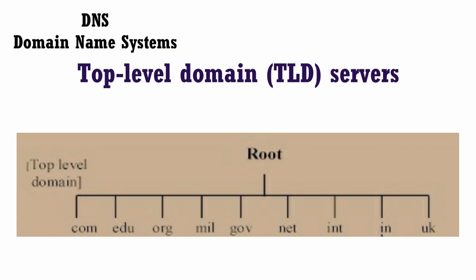So .com is commercial, .org organizations, .net network, .edu educational and .gov government. And all of the country top level domains such as .uk, .fr, .ca and .jp. So .uk indicates United Kingdom, .fr indicates France, .ca indicates Canada, .jp indicates Japan.